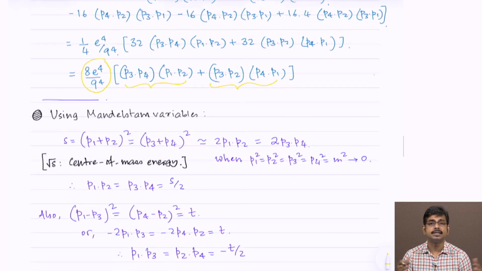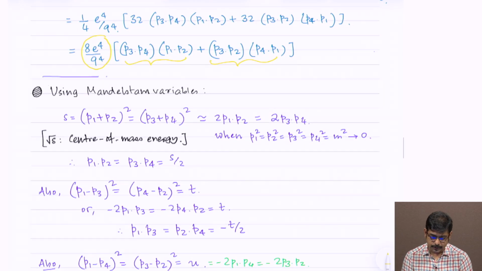Once again, I would like to remind you, these are 4 momenta. These are not the 3 momenta. So these are the 4 momenta associated with the initial state and the final state particles. P1, P2, P3, P4 are the 4 momenta associated with the particles which are scattering in this particular process.